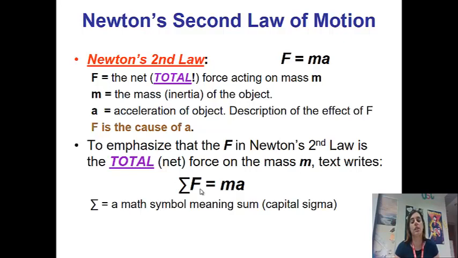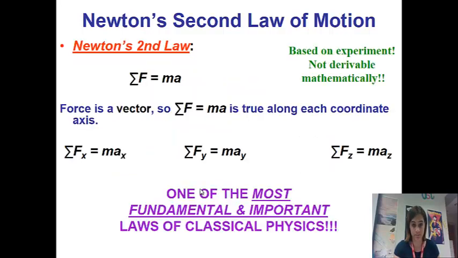Okay, so ultimately F is your net force in Newton's second law. M is the mass of the object in kilograms. Acceleration is measured in meters per second squared, and so F net equals ma, and we measure force in newtons, which is a kilogram times a meter per second squared.